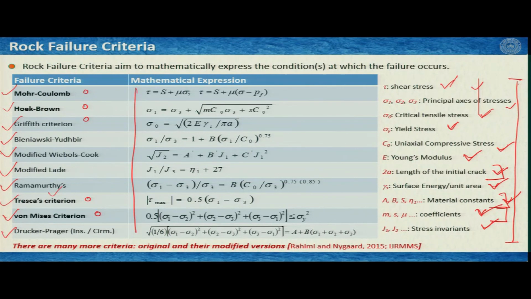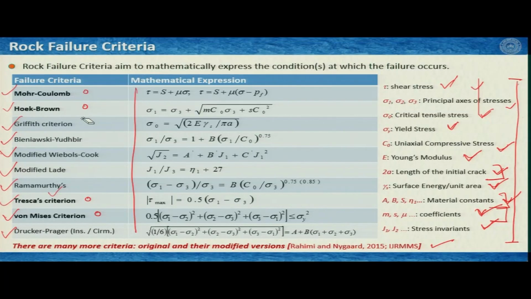If you are further interested, you can read this paper, which is a very recent paper, and there are a series of rock failure criteria, and their modified versions, their relationships, advantages and disadvantages. But in this class, we will mostly look at the Mohr-Coulomb failure criteria, which we have already seen. In the next slide, we will see Hoek-Brown, Drucker-Prager criterion and von Mises criteria.